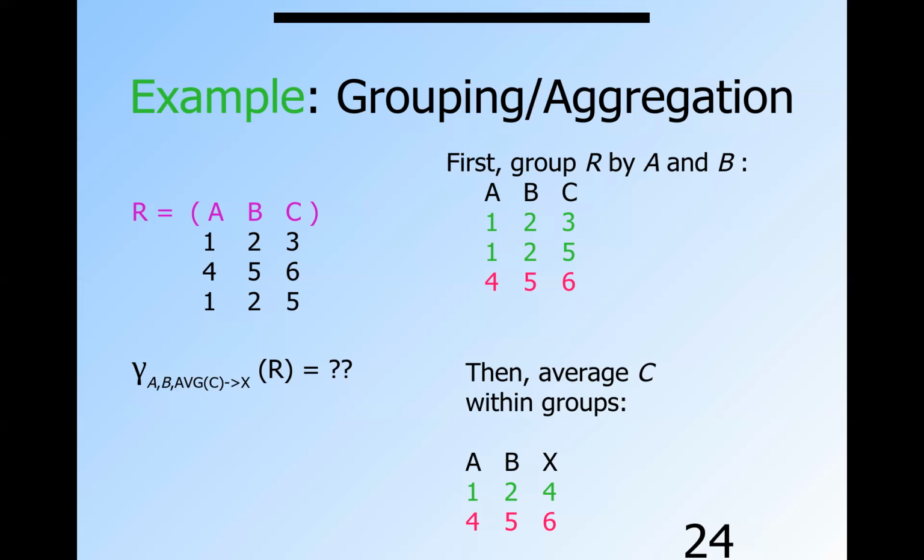What you might say then is, do I really need the delta operator? When I use the delta operator that removes duplicates, that's actually equivalent to a gamma operator where I have no aggregation function, but I name all the attributes in the relation.